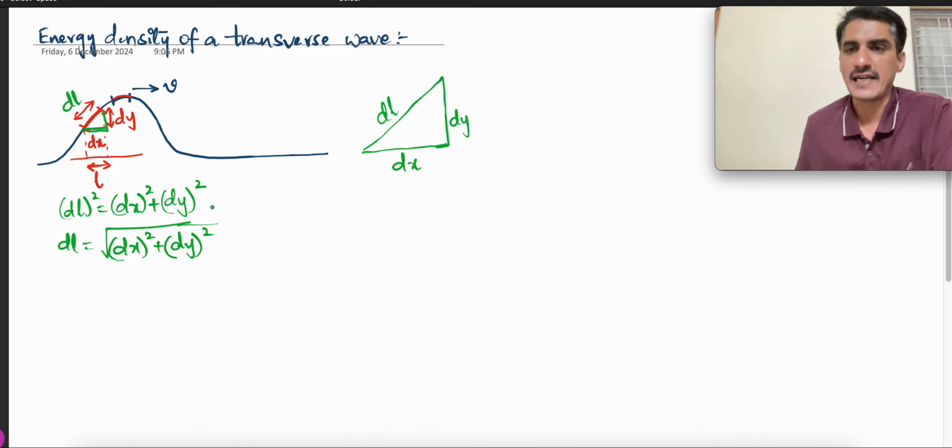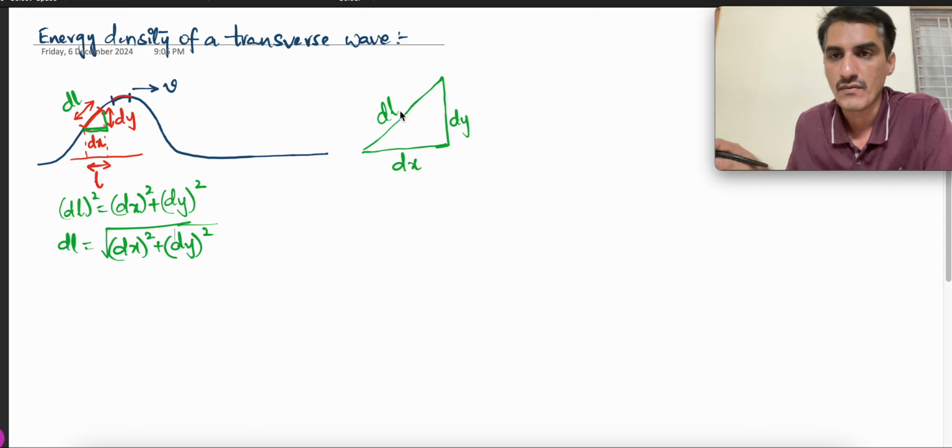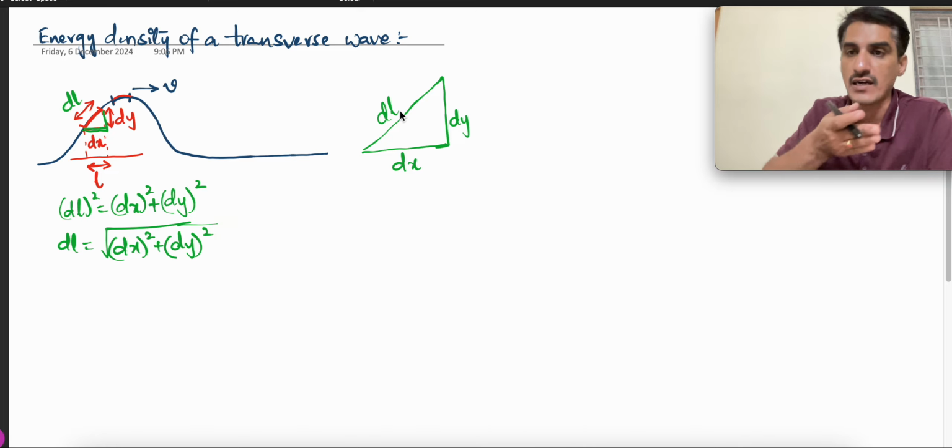Now, how to find the elongation in the string? Initially it was dx, when it was flat, the length was dx. But now it has got an increment in length and that's why it became dl.